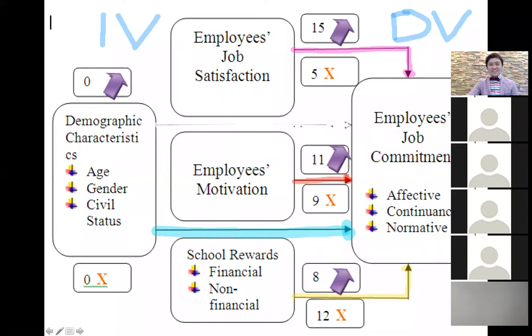Alright, so there are four arrows, no? And those 4 arrows, the reason why I am highlighting that, it's because that will be your basis in formulating a hypothesis. Example, employees' job satisfaction does not significantly influence their job commitment. Yan yung first hypothesis mo.